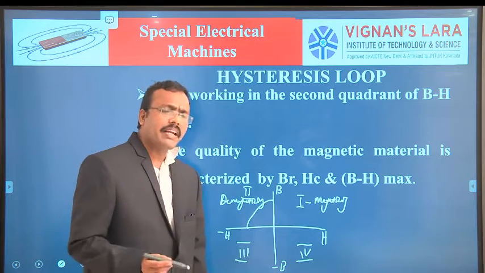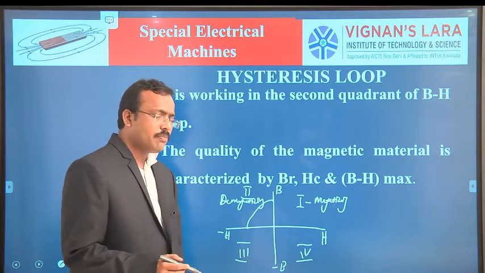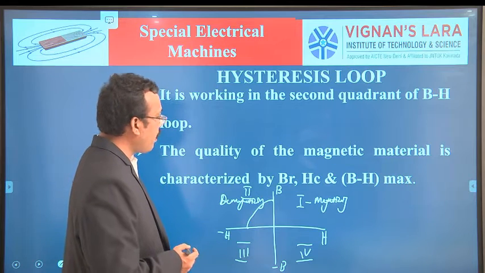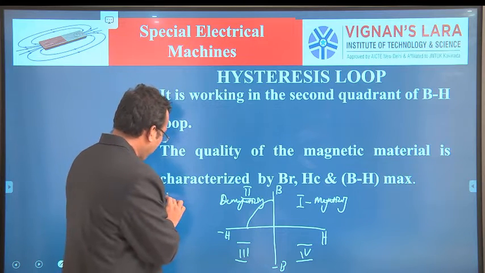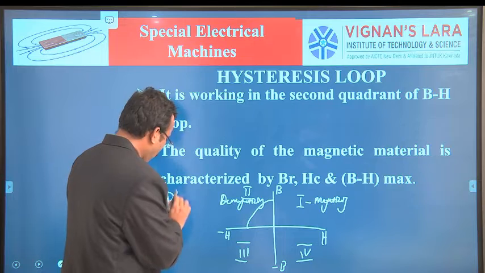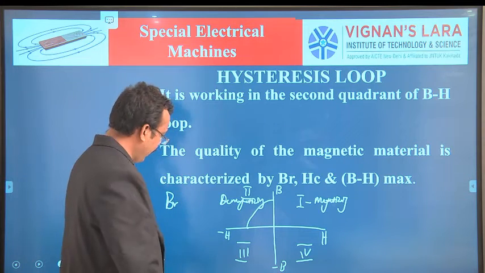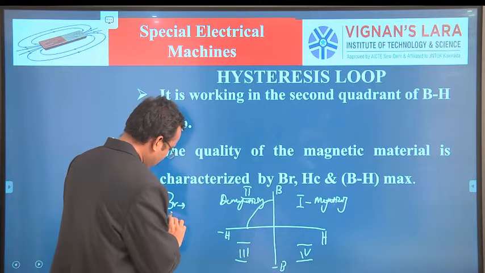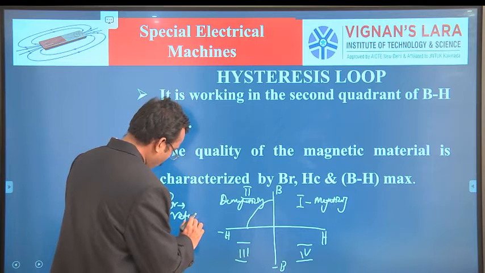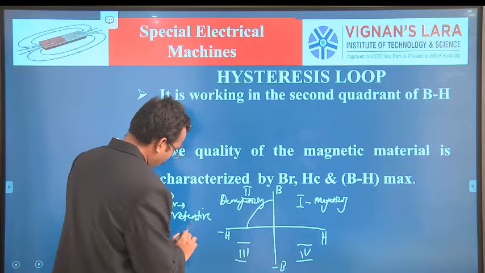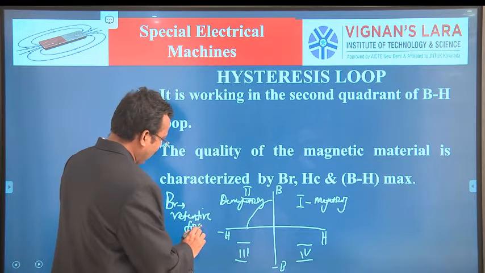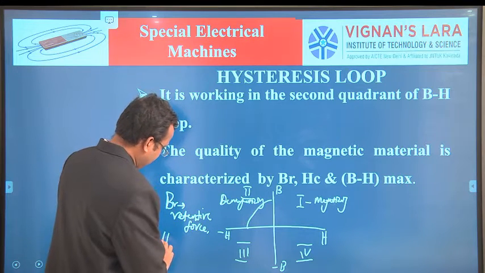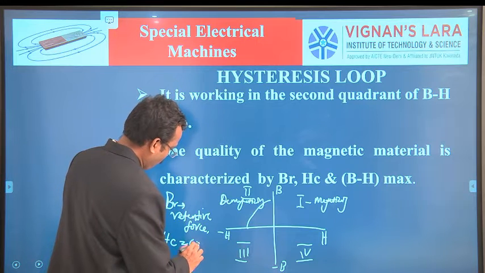The quality of a magnetic material is characterized by three parameters. One parameter is BR, the retentive flux density. The second is HC, the coercive force.